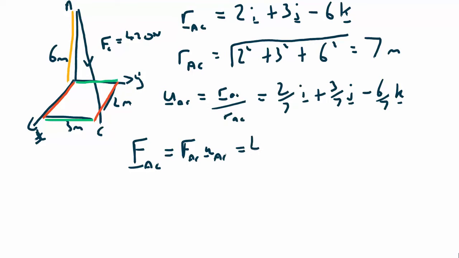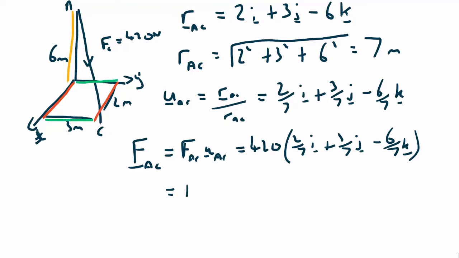So we're literally going to put 420 times 2/7 i plus 3/7 j minus 6/7 k. Multiply that out, and we're going to get our Cartesian vector for force. So 120i plus 180j minus 360k.